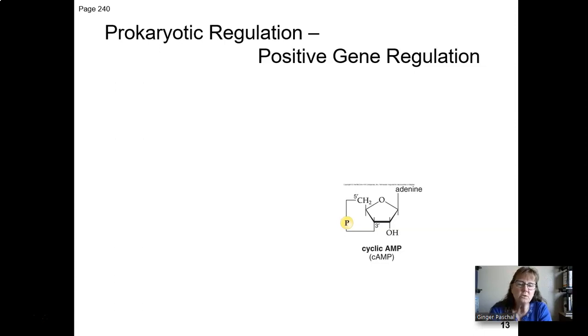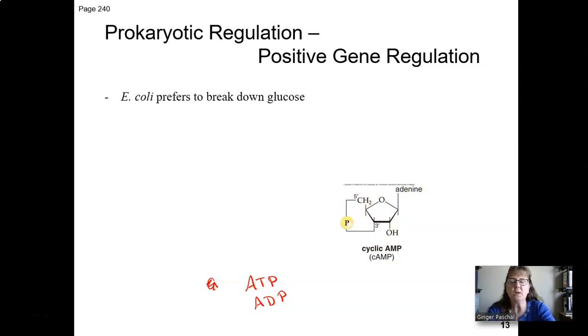So this picture that you see down here is cyclic AMP. I'm sure you've heard of ATP and ADP. Well, this is AMP, adenosine monophosphate. There's one phosphate group, and what happens is that phosphate group will actually bend back on itself.